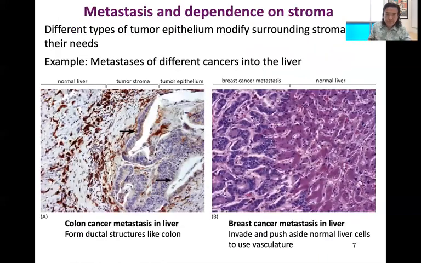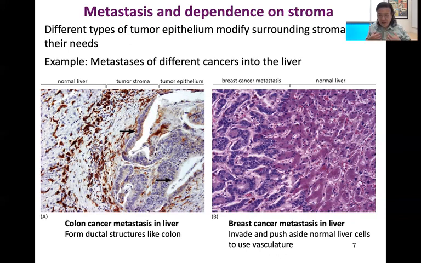Okay. All right. So that means metastases, in other words, the migration of cancer cells from the original primary tumor spreading to other tissues in the body, right? That's metastases, is dependent on those cancer cells still having a dialogue with stromal cells wherever they end up, right?